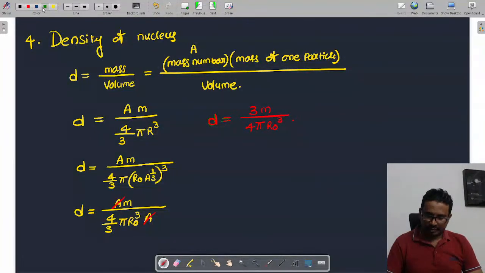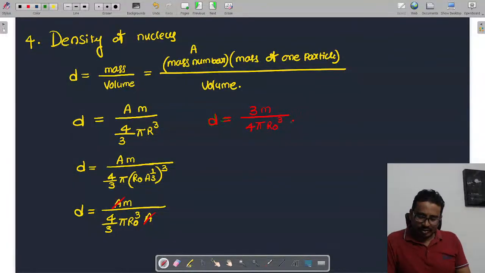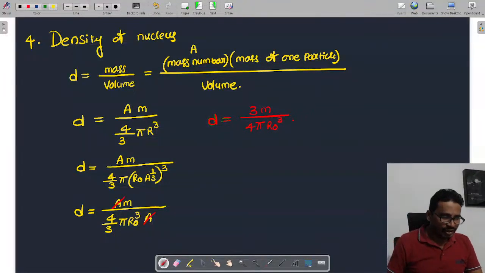Now you can see here, this is independent of the atomic mass number. So if I substitute the values of m and r naught and simplify, we can get the value of D. Density should come to be nearly 2.3 into 10 power 17 kg per meter cube.